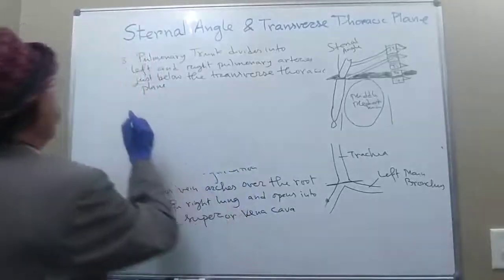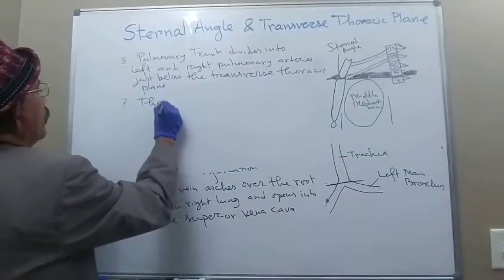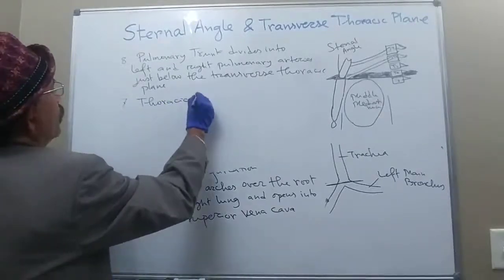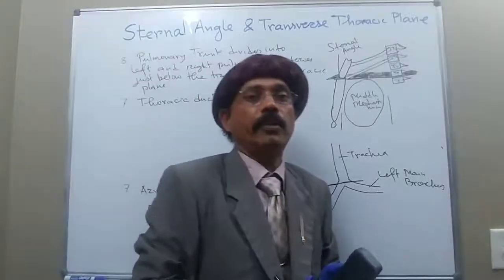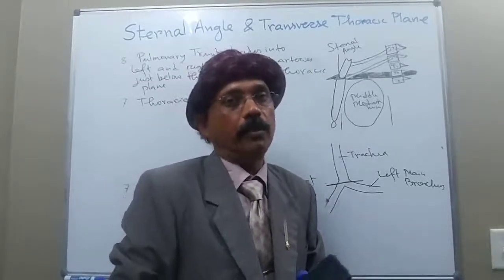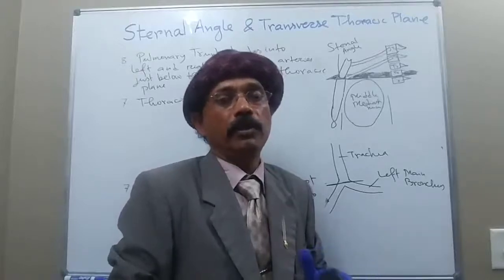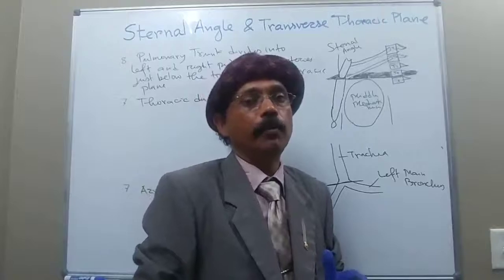Okay, that we will get the thoracic duct. What is the thoracic duct? This is the largest lymphatic channel of our body. It is a content of the abdomen. Usually it comes out of the cisterna chyli or from the confluence of lymphatics in the abdomen.